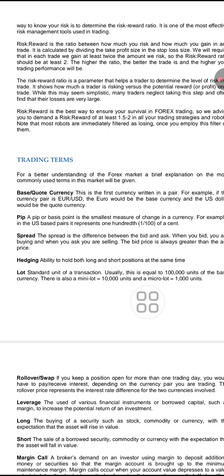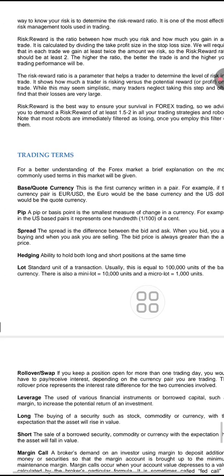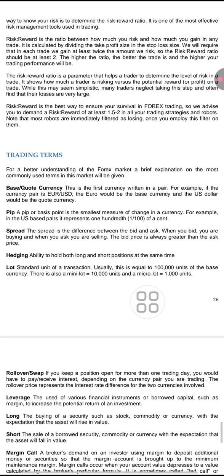A spread is the difference between the bid and ask price. I told you in the last video. When you bid, you are buying, and when you ask, you are selling. The ask price is the amount an investor is willing to sell, and the bid price is the amount an investor is willing to buy.